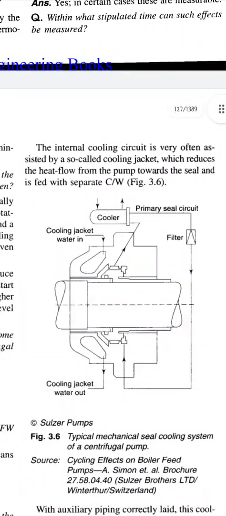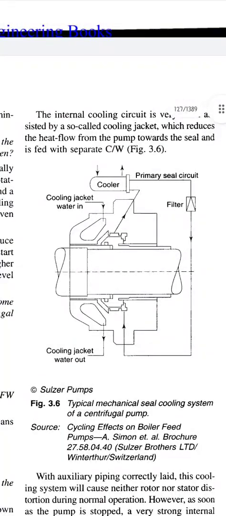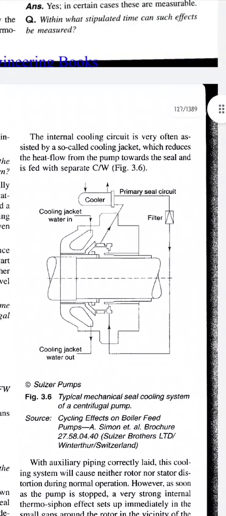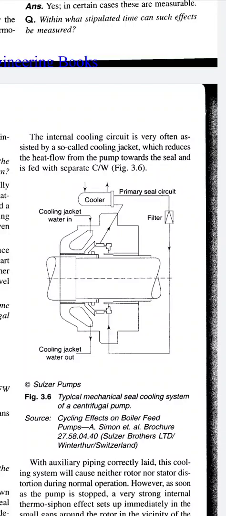The internal cooling circuit is very often assisted by a so-called cooling jacket, which reduces the heat flow from the pump towards the seal and is fed with separate cooling water. We can see in the figure the cooling jacket water inlet at the top of the diagram, and the cooling jacket water outlet at the bottom of the diagram.